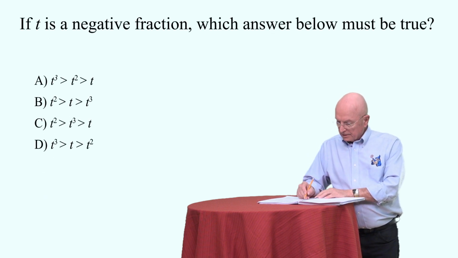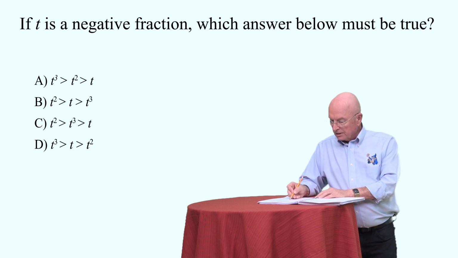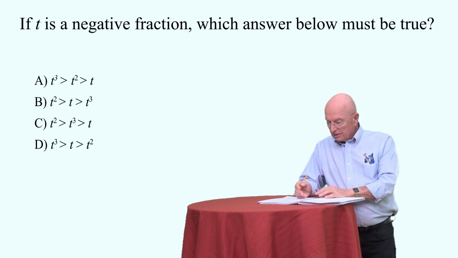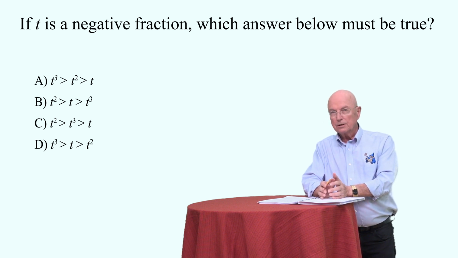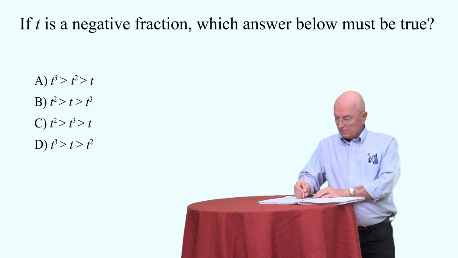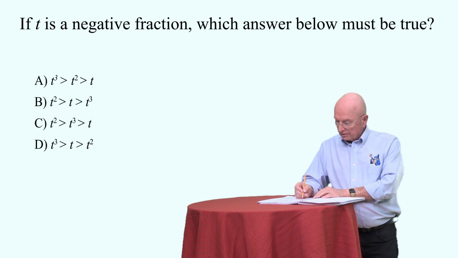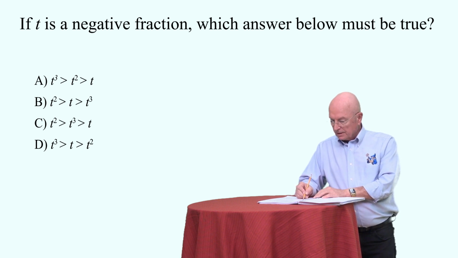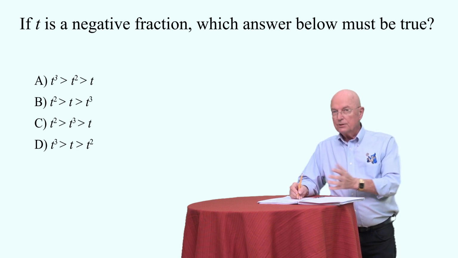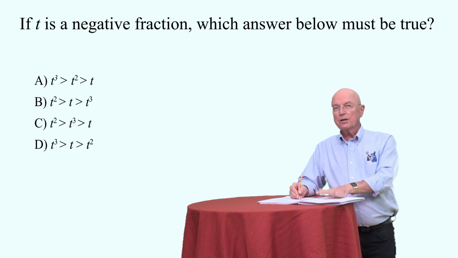Let's take question number 2 next. It says, if t is a negative fraction, what's answer below must be true. Well, you can see that they're looking for t to the 1st power, t squared, and t cubed. So they're asking you to put them in the order from the greatest to the least. So the easiest way to do this is to substitute numbers.